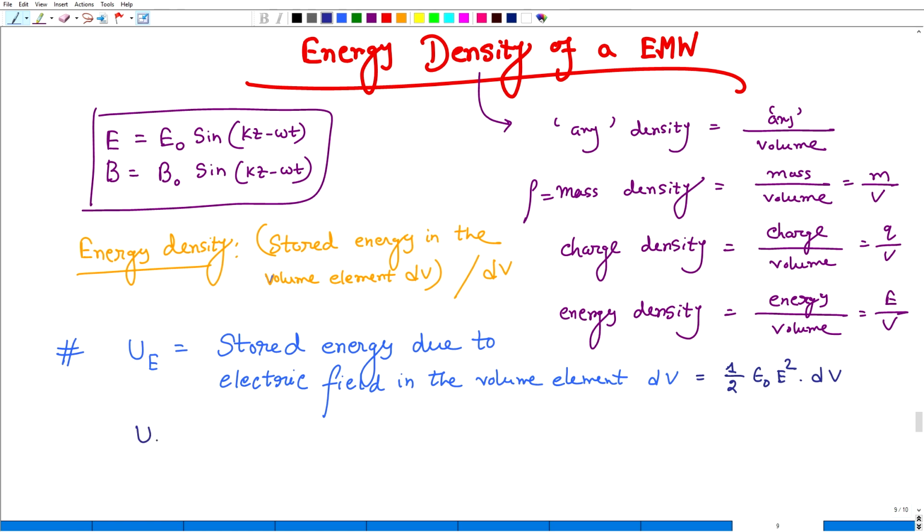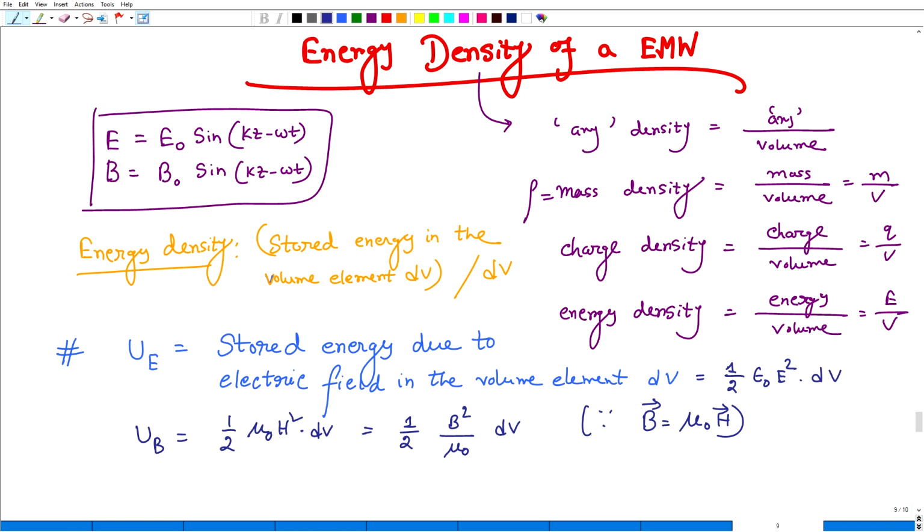Similarly, UB is the stored energy due to the magnetic field in the volume element dV. Here it will be half mu naught H square dV. We can also write this as half B square by mu naught dV, as we know from electromagnetism that B equals mu naught H. So, this is UB, the energy stored due to the magnetic field in the volume element dV.